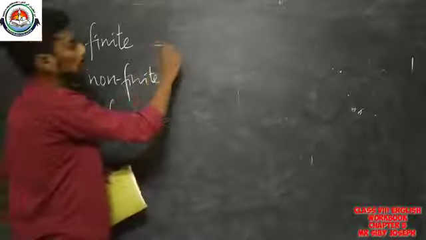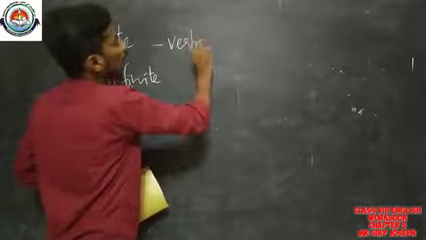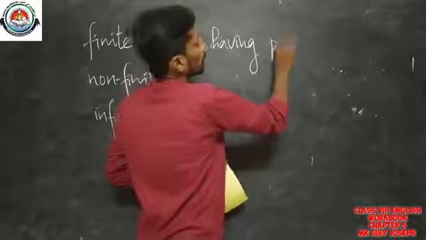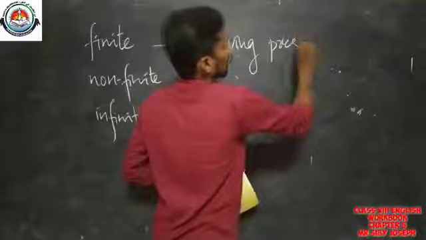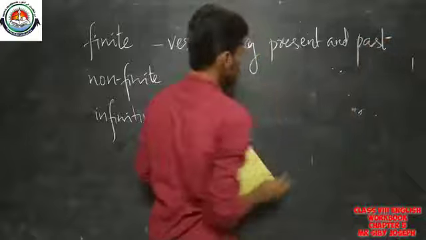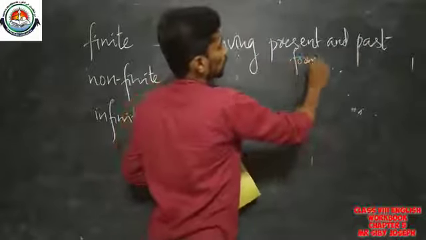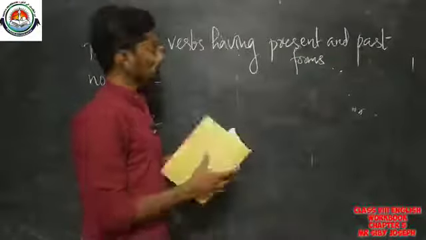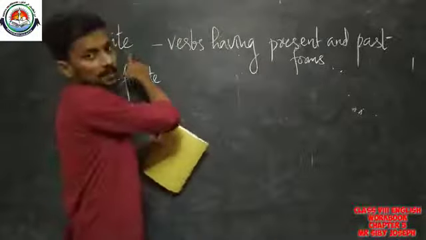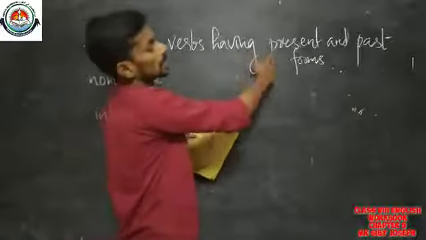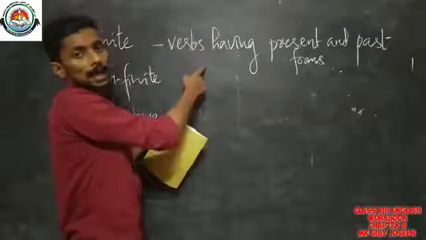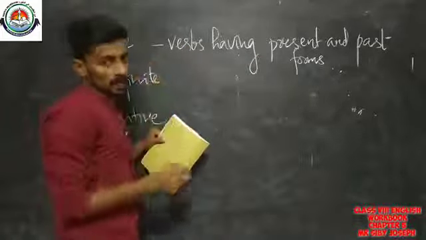Verbs having present and past forms can be taken as the examples of finite verbs.